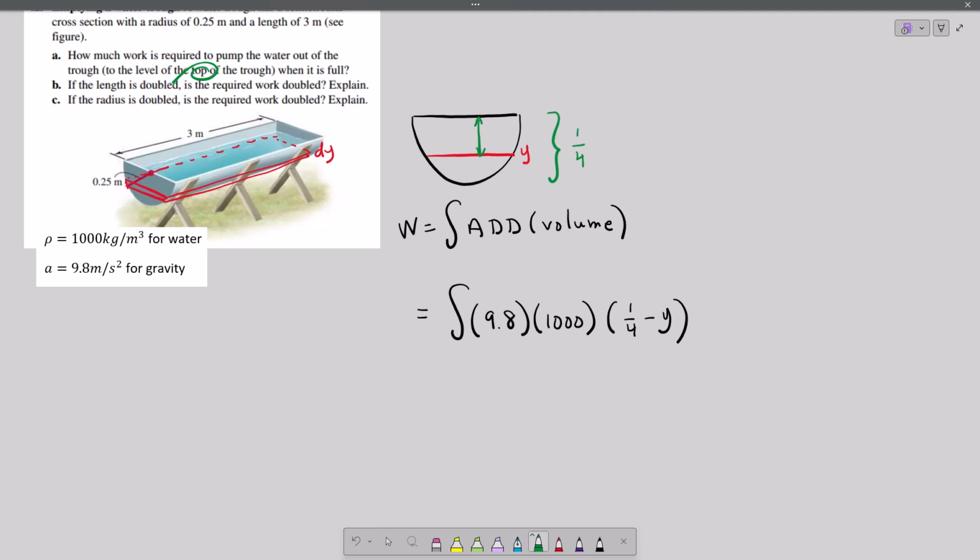And now volume. All right, here's the hard part. Volume is going to be the cross-sectional area multiplied by dy. So this part right here is going to be the volume of slice. And then in here, we need area. If we want the area of the cross section at y, we need to know the width of this element and then multiply it by 3.